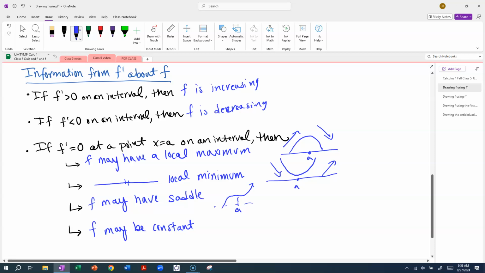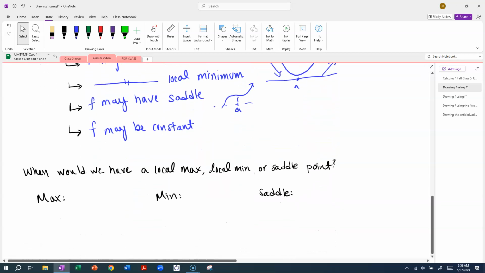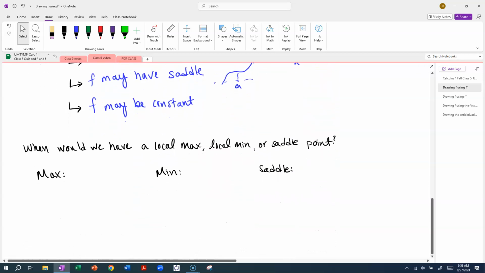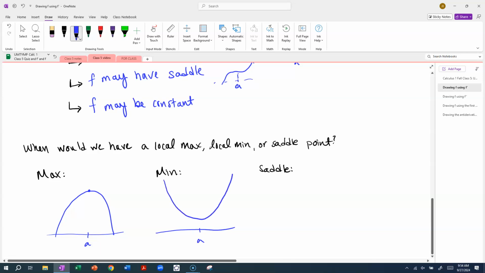So just summarizing some observations. We kind of answered this already, but when would we know we would have a maximum, a minimum, and a saddle point? Well, we would see if we have a maximum at, say, A, and then I'll do minimum at A. I'll just do little sketches. So minimum would look something like that.